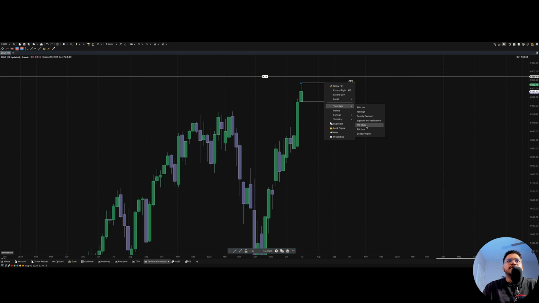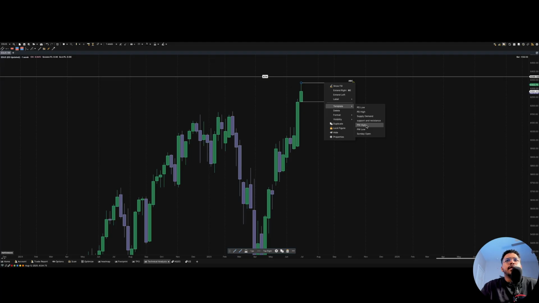For example, let's say if on Monday we open up and we fall below the weekly high, which we currently are right now, technically speaking, but let's say we go test the weekly high, but price reverses, that may be an indication that we are entering a bearish session or a bearish week.